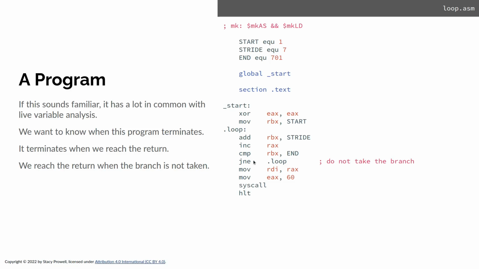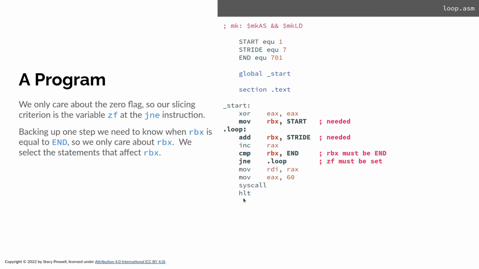Well, this branch is jump if not equal. If not equal, I'll jump up here. So that means if the 0 flag is clear, I'll jump up here. If the 0 flag is set, I'll come down here. So really, we can reduce this to saying the 0 flag must be set right here. That's what we need to terminate.